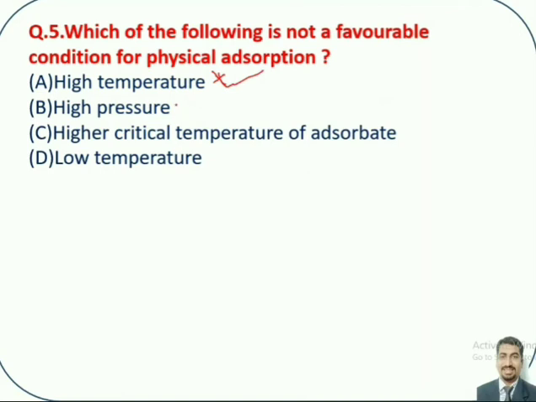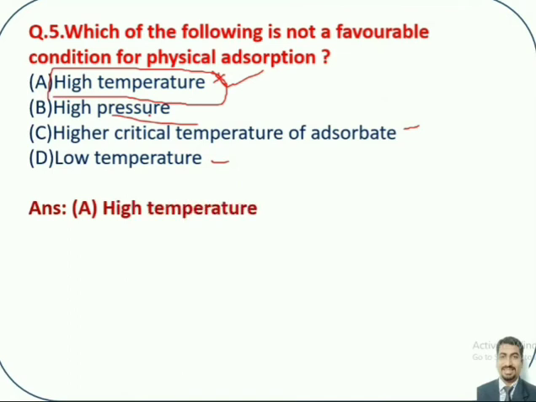At high pressure, definitely adsorption takes place. High critical temperature of adsorbate, the adsorption takes place. It is favorable. Low temperature is also favorable. So the answer is A. High temperature is not a favorable condition for physical adsorption.